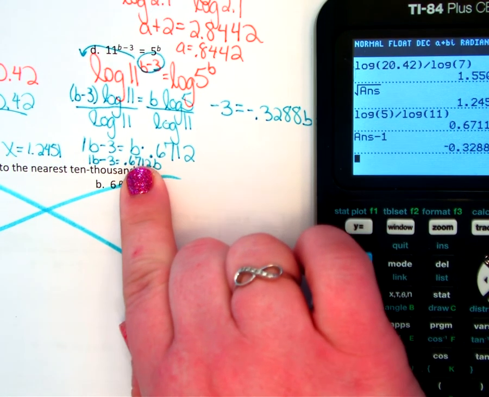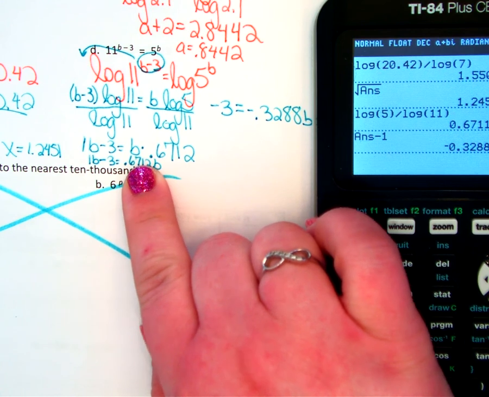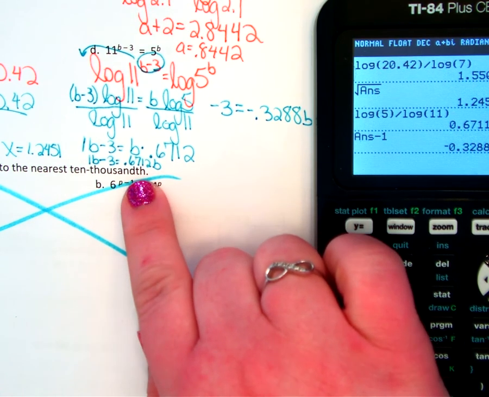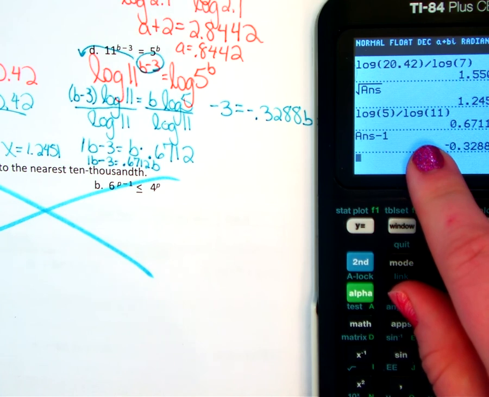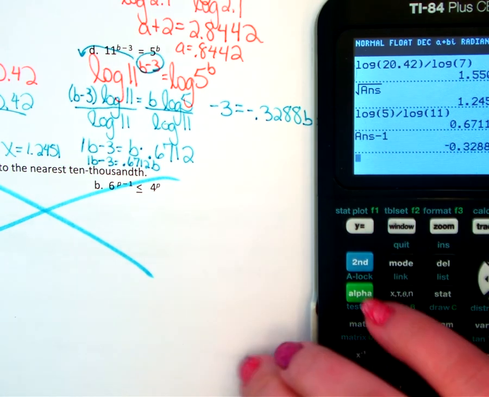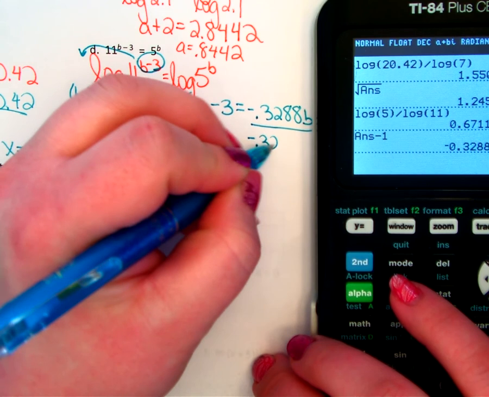You treat this just as if it was a normal number. If it had said 6b in front and you subtracted 1b, you'd be left with negative 3 equals 5b. Instead, it's just a long, nasty number that we used our calculator to calculate. Now I need to divide by that long number.